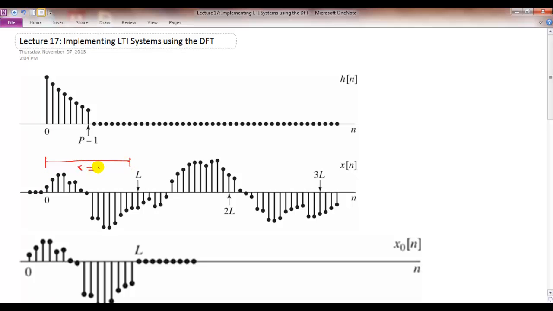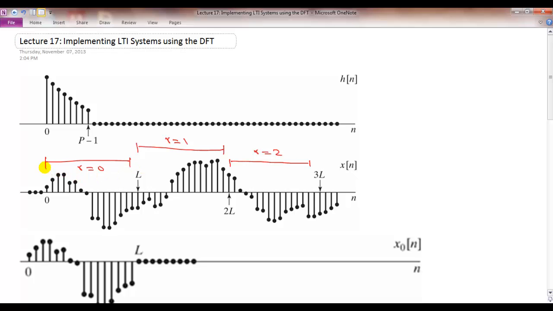This is r equal to 0. Then you have your second block starting at L to 2L minus 1. This is r equal to 1. Then your third block, which starts from 2L and goes to 3L minus 1. This is r equal to 2, and so forth. Right? So just contiguous blocks, non-overlapping.